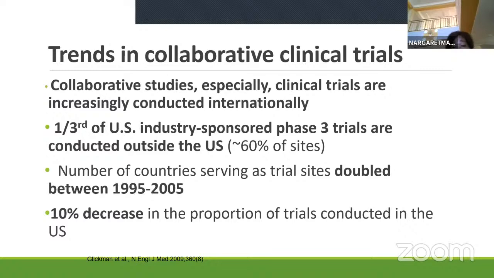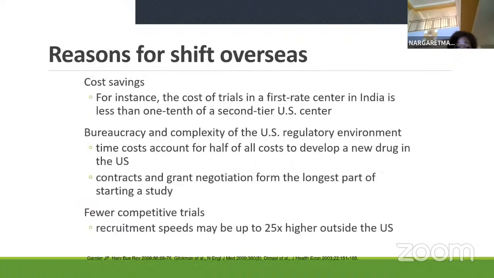The number of countries serving as trial sites has equally doubled between 1995 and 2005. There's a 10% decrease in the proportion of trials conducted in the US. Next slide, please. So the reason for this is because it saves costs.